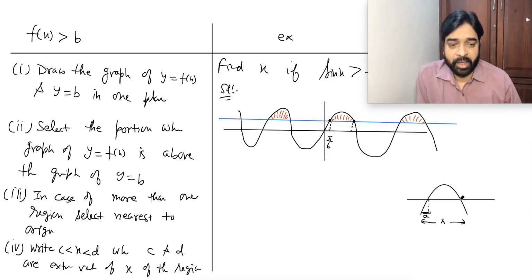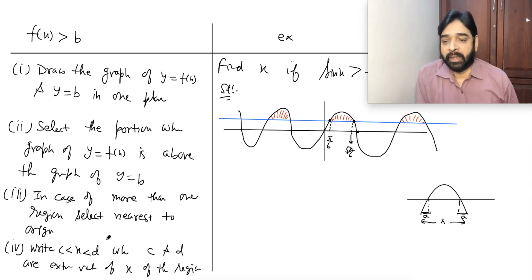This length is pi by 6. So what is this point? Pi. Sin x is 0 at pi. So this point will be what? Pi minus pi by 6, meaning 5 pi by 6. So this is 5 pi by 6. That means fourth step, x lies between pi by 6 to 5 pi by 6.